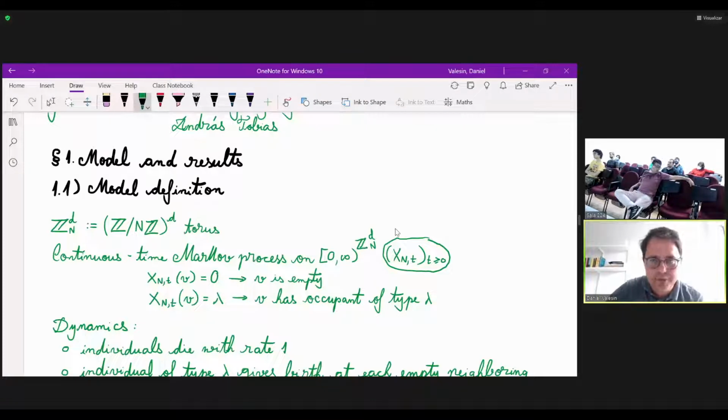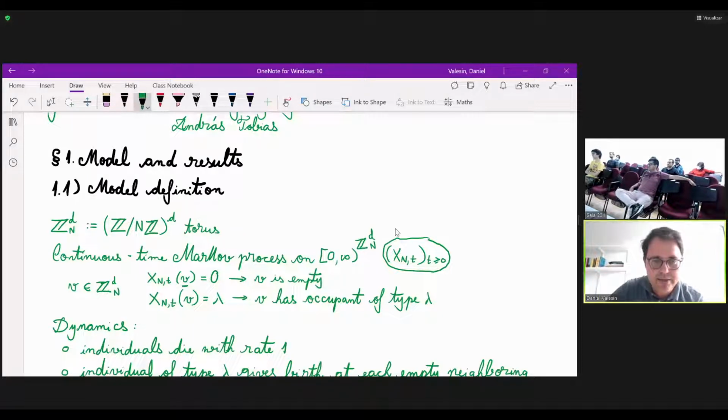And the way we interpret this state space is that if you have x_n,t evaluated at v, where v here is a vertex of the torus, if this value is 0, then we say that this vertex or this site v is empty at time t.